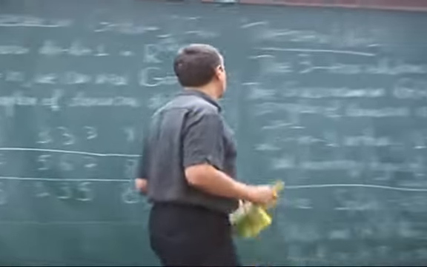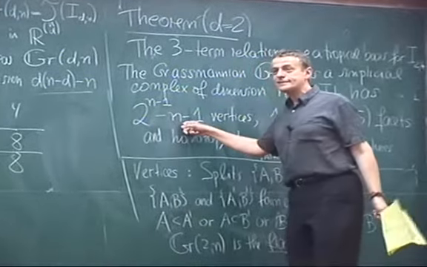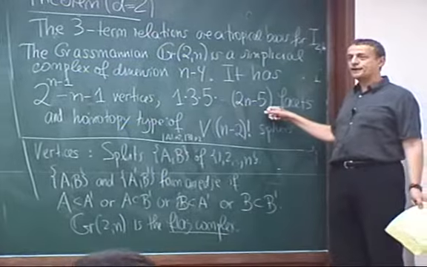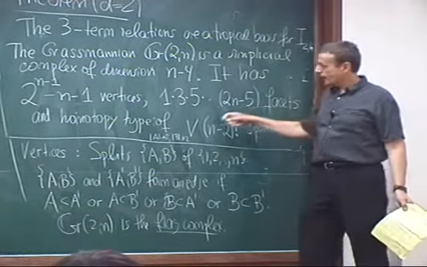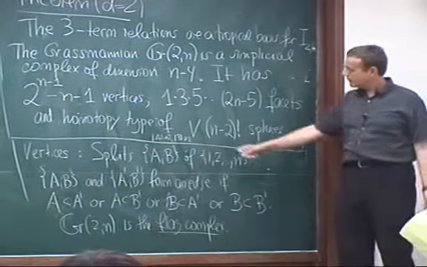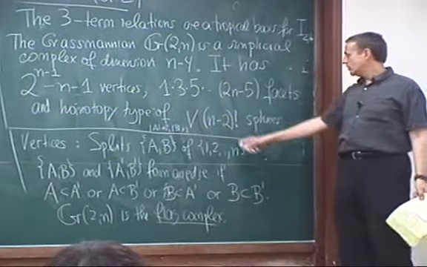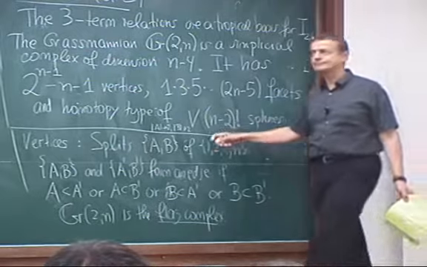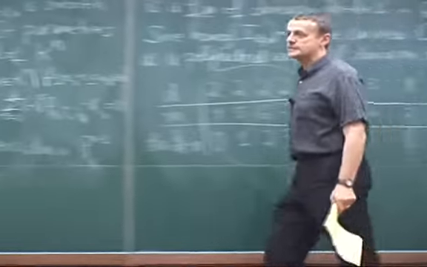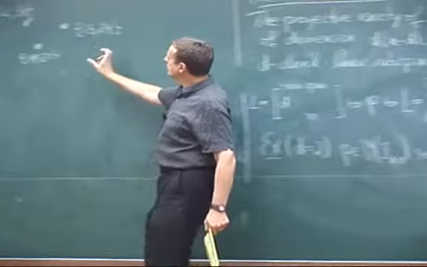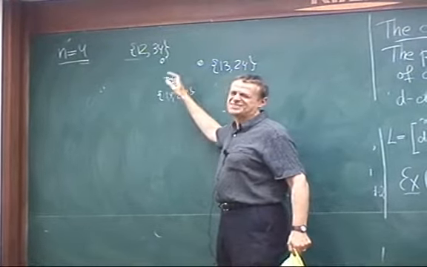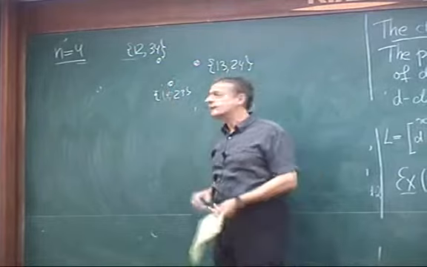It has 3 vertices, 3 facets, 2n minus 5 is 3. And it has the homotopy type of the bouquet of 2 zero-dimensional spheres. So this space is gotten by gluing 2 zero-dimensional spheres. It's a silly example, but it's good to start with something silly.